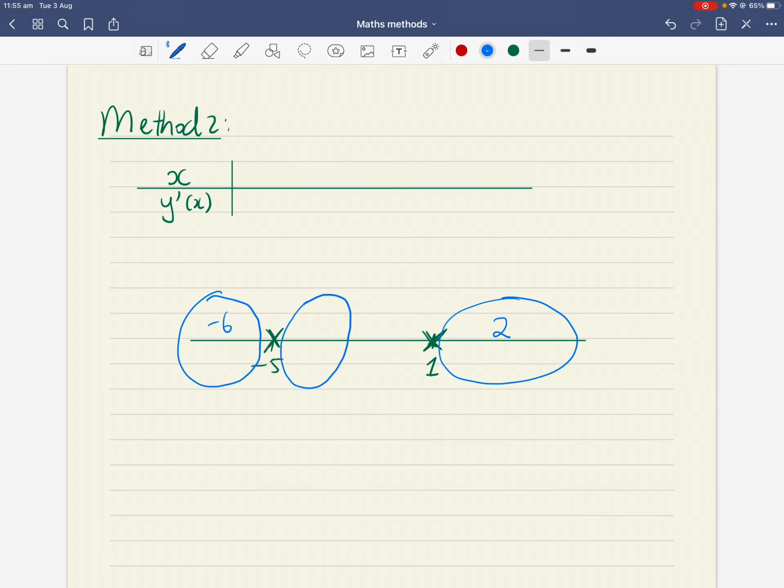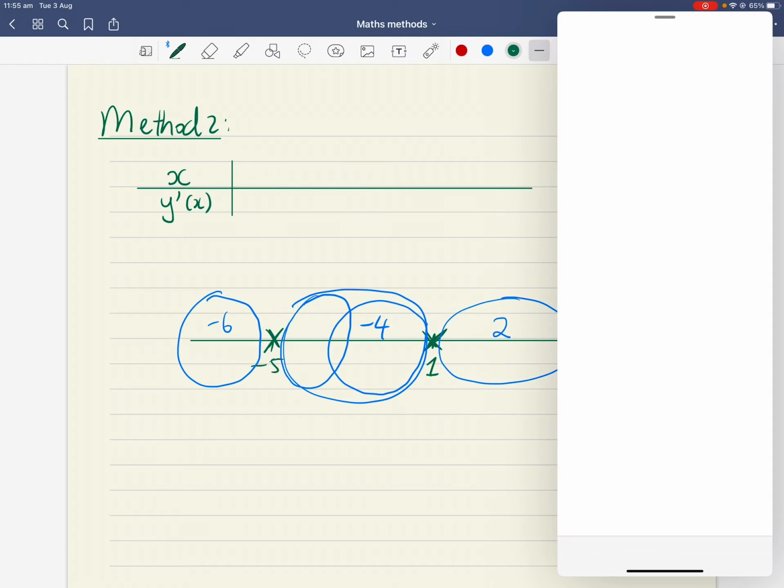We also need to pick something to the left of 1. Technically, these 2 values can be the same one because there's no other stationary points in between -5 and 1. So something between -5 and 1, let's say -4, or in fact you could pick 0, that will do as well. So that gives us our table of values.